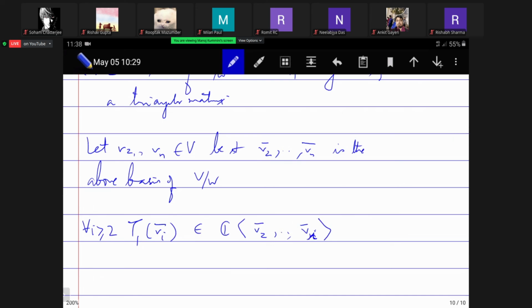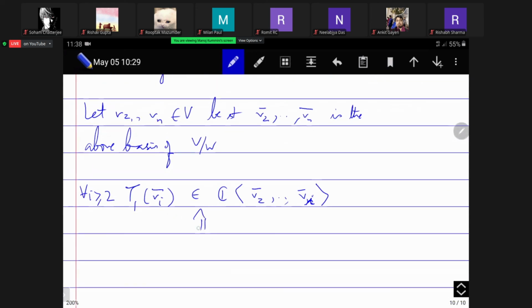You don't need the basis vectors that come after it to write that T of Vi. Or equivalently, there exist lambda 2 through lambda i inside F such that T of Vi minus the sum of lambda j Vj, j goes from 2 to i, is inside W. So we are expressing T1 of Vi bar as a linear combination of V2 bar through Vi bar.